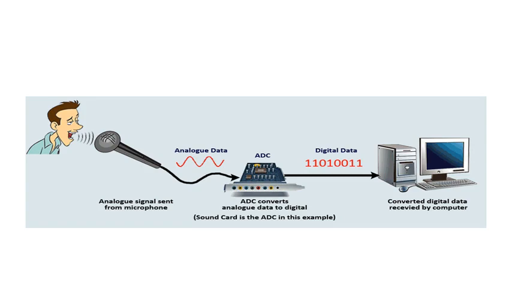That means based on my volume, sound intensity, it generates electricity flow. When my voice goes up, it goes up like that. Therefore it is analog data. Analog means continuous data, and it goes to the sound card. This sound card converts this analog wave electricity flow into digital format, and it goes and is recorded on the computer hard disk.